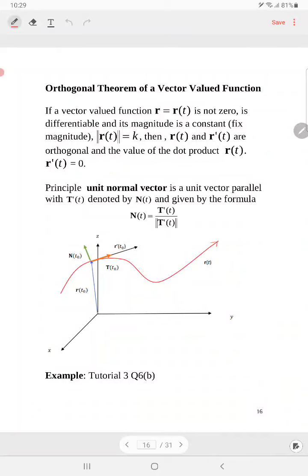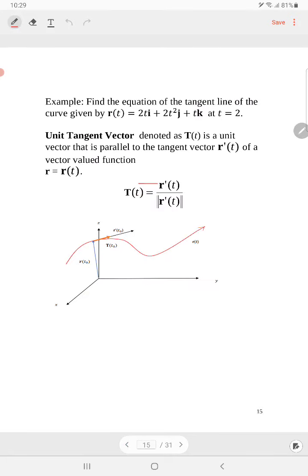Now remember, for the unit tangent vector, the magnitude of the unit tangent vector is 1, and of course 1 is a constant.